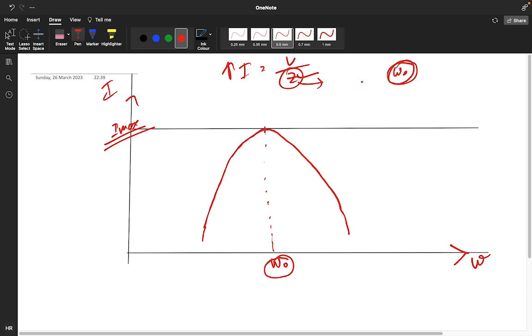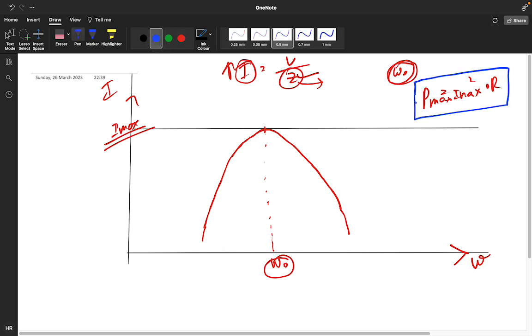And what will be the power here? If my current is maximum, I will get maximum power. My P max will be equal to I max square into R. Now they are asking for the range of frequency where you get at least half of the power. So at least half of the power means I am taking P max by 2.